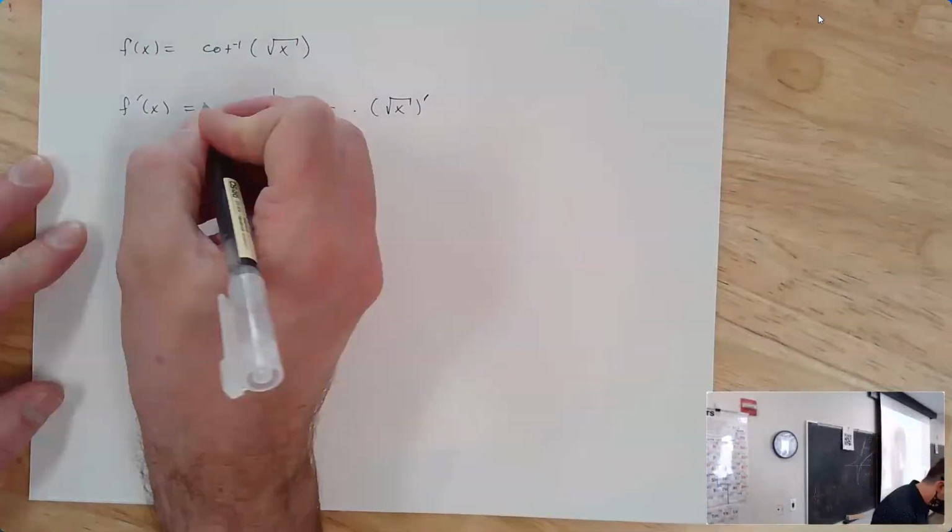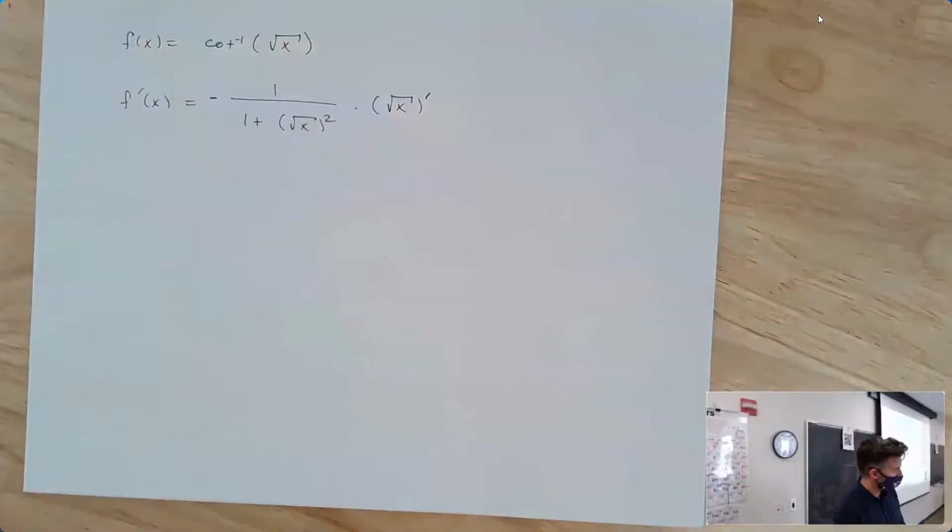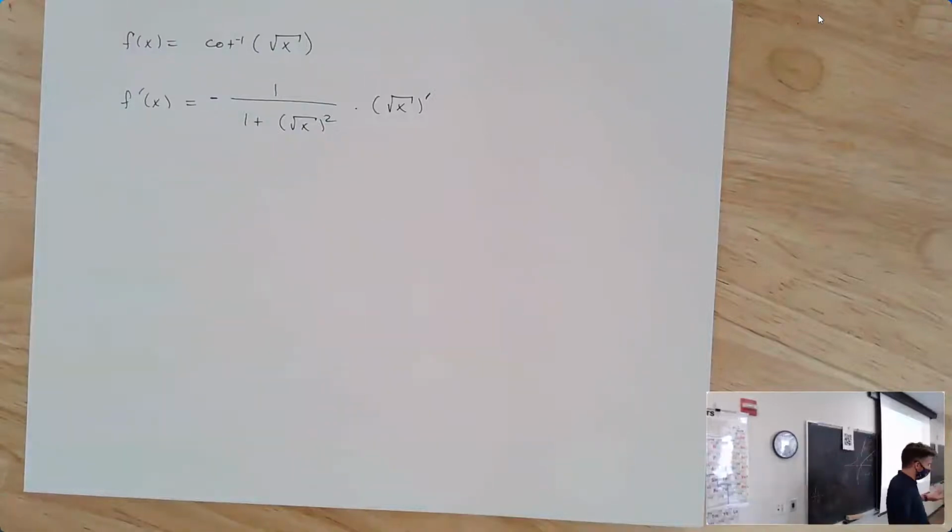Negative. When you hear a co, you should think negative derivative. There is one exception to that. If you talk about the hyperbolic trig functions, that doesn't hold true. But not everyone covers hyperbolic trig functions, so let me know if you see them in class. Has anyone seen hyperbolic trig functions in class?